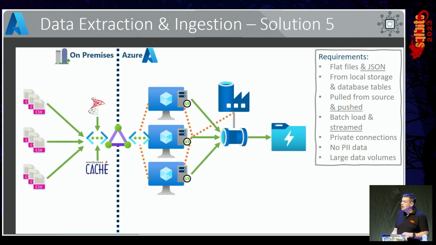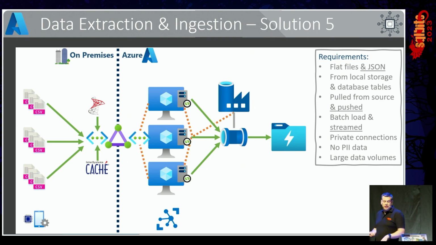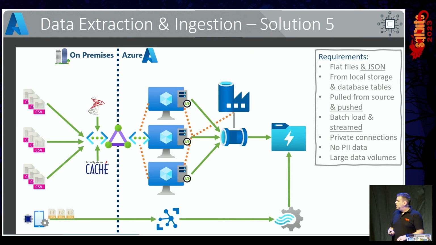No problem. We go back to our solution. We say, yes, we have our devices. They're out there in the wilderness. We might deploy an Azure IoT Hub to deal with that. And we might use Azure Stream Analytics to take that data from that IoT Hub. We could use an Azure Event Hub in here instead.